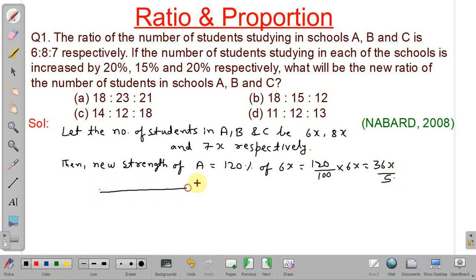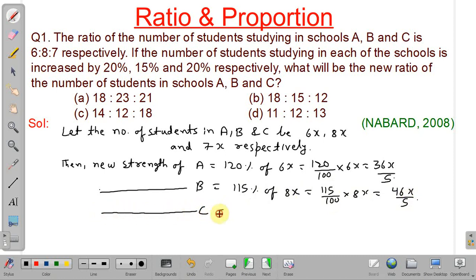Similarly, the new strength of school B will be 115% of 8x, or 115 by 100 into 8x, which will be equal to 46x by 5. And the new strength of school C will be, as it is increasing by 20%, so 120% of 7x, which is 120 by 100 into 7x, and it is equal to 42x by 5.